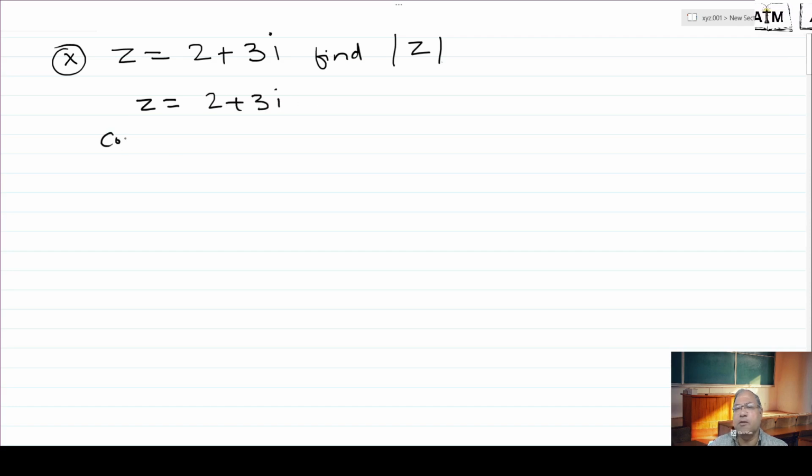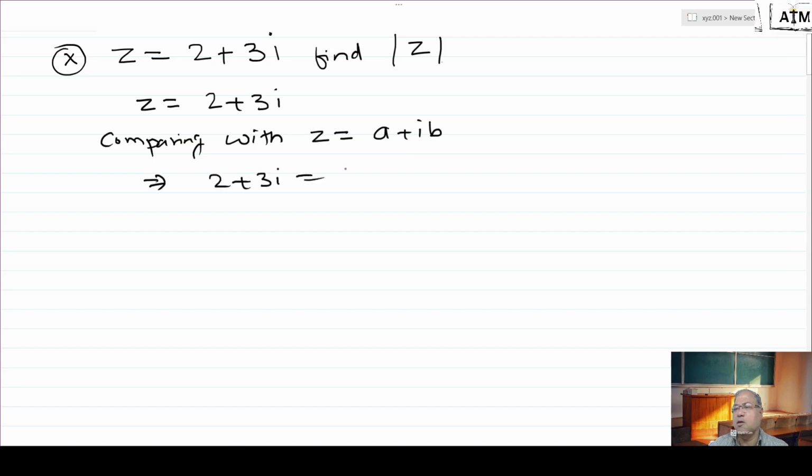Then comparing with the standard form z equals a plus ib, 2 plus 3i equals a plus ib, which implies a equals 2 and b equals 3.